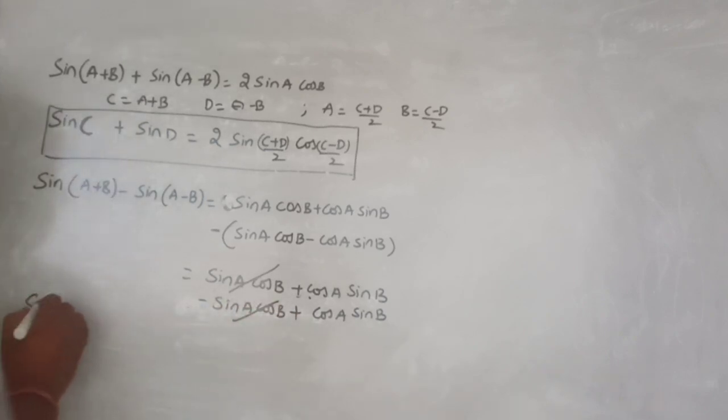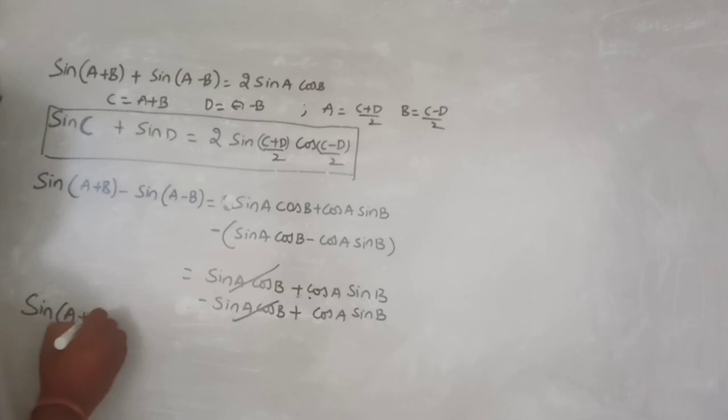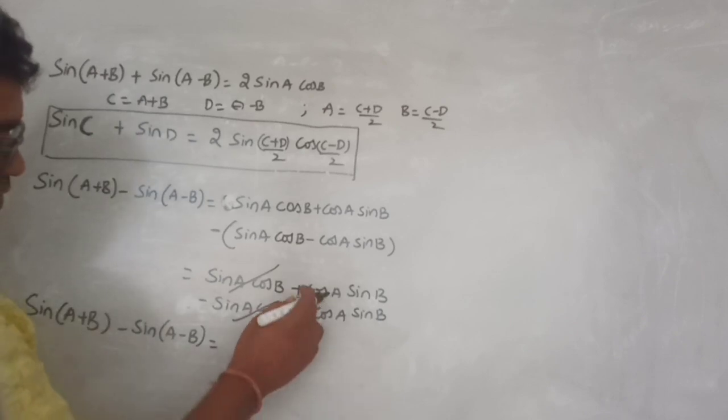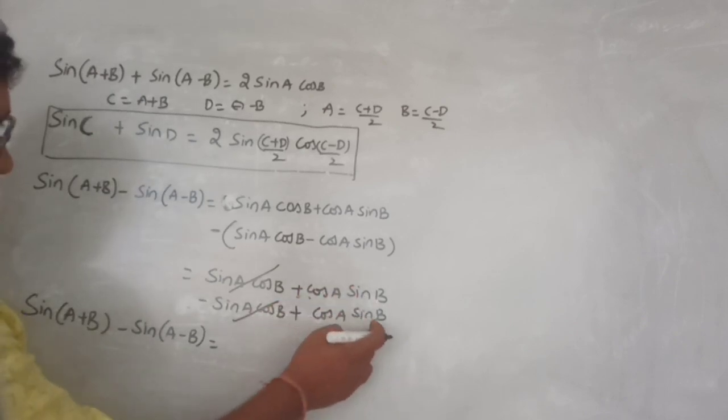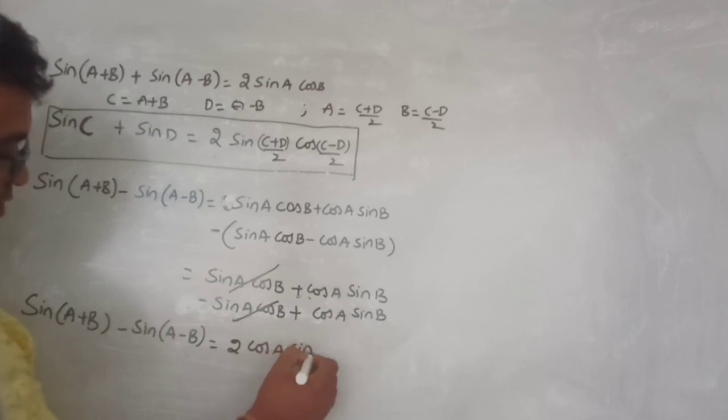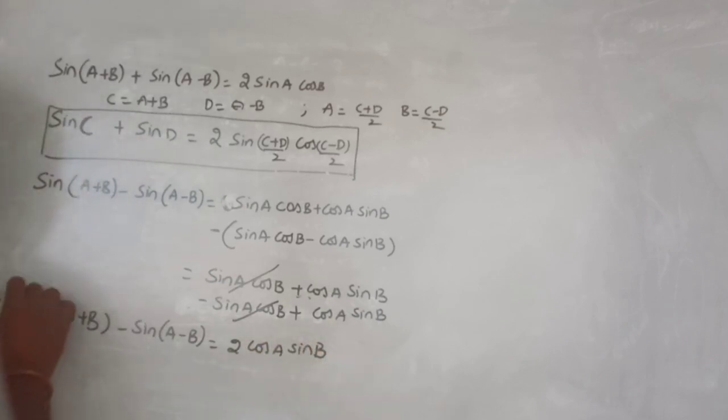We get sin of A plus B minus sin of A minus B is equal to cos A sin B plus cos A sin B, which is 2 cos A sin B. This is the formula.